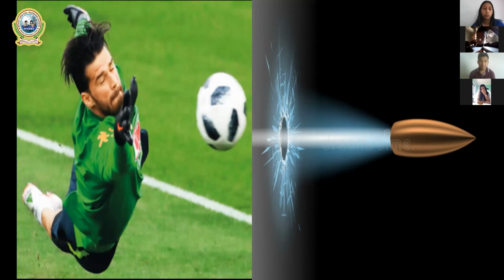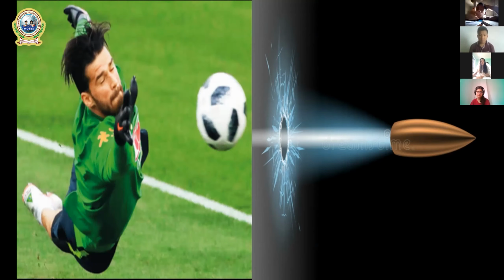But here you are choosing the ball, which may have more mass. And here you can say that, no, because the ball may have less velocity and the bullet may have more velocity. So here, students, if you say so also, the answer will be incomplete.